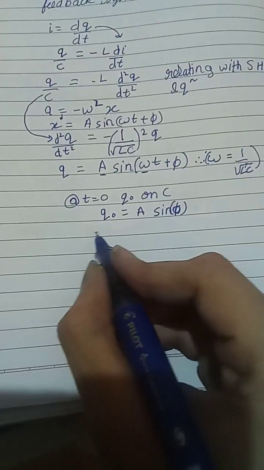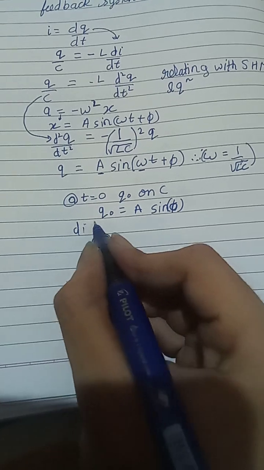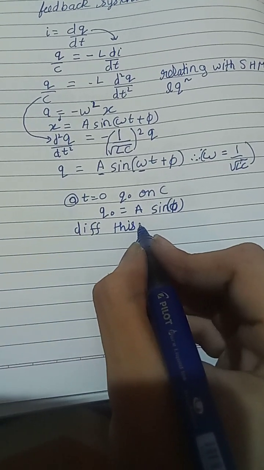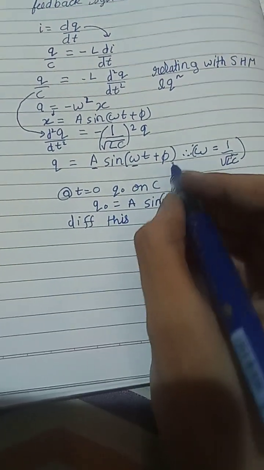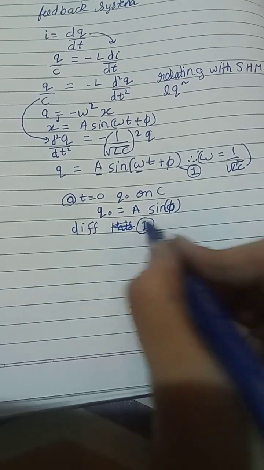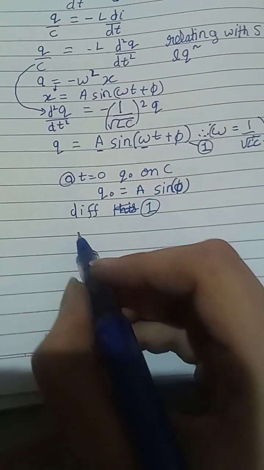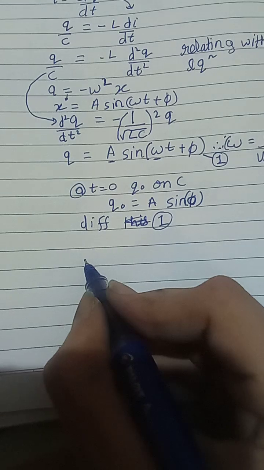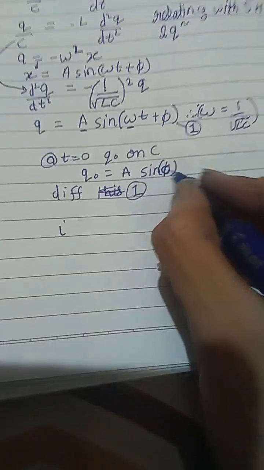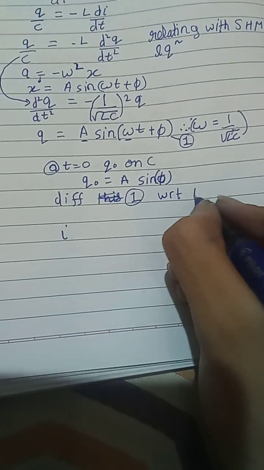Alright, and for the other equation, differentiate equation 1. On differentiating 1, we would get dq by dt, which is I, with respect to t.